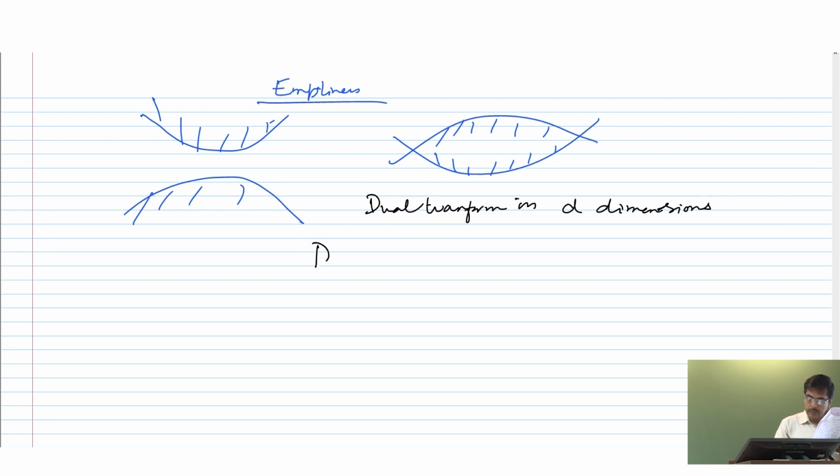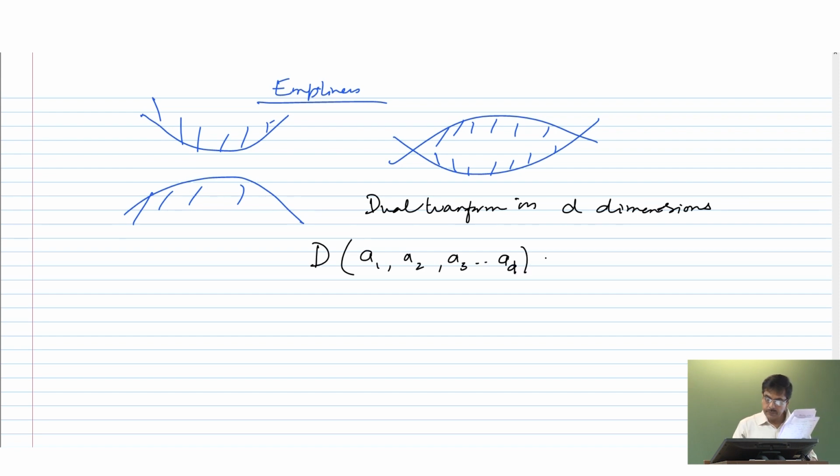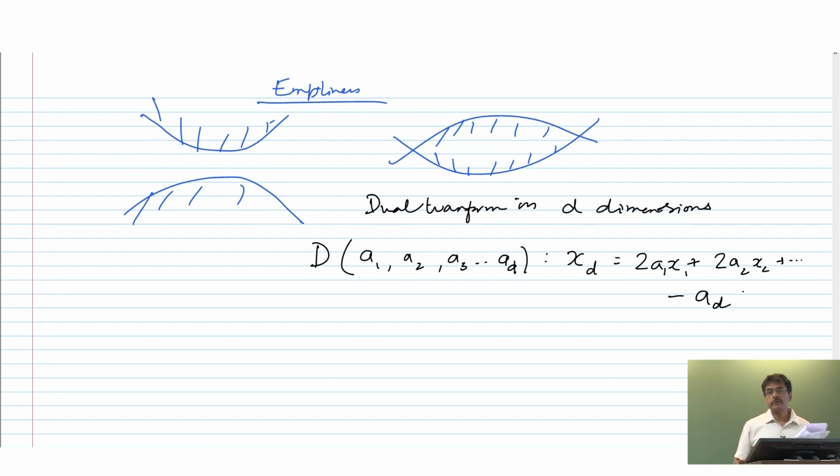So, d of say A1, A2, A3, ..., AD is XD. This is the dual transform in the dimension D, right? And of course, the inverse is also defined like that. You halve everything and take the negative of that. Right? So, let me stop here.